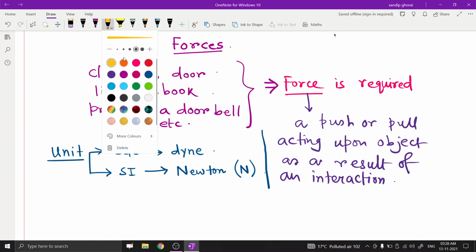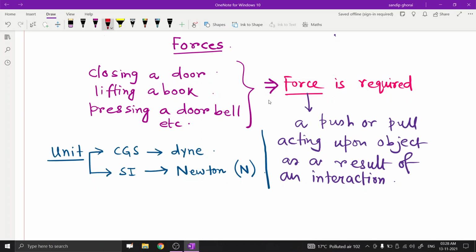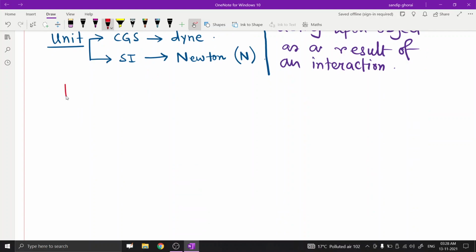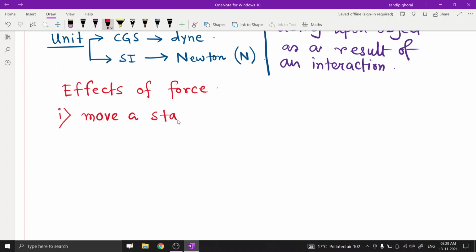So the next point is effects of force. The first point is that a force can move a stationary object.